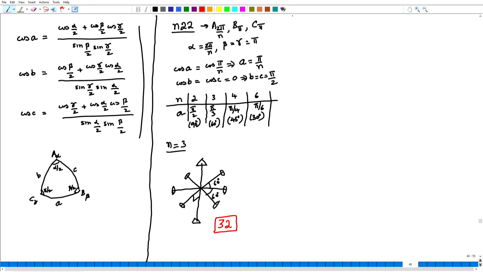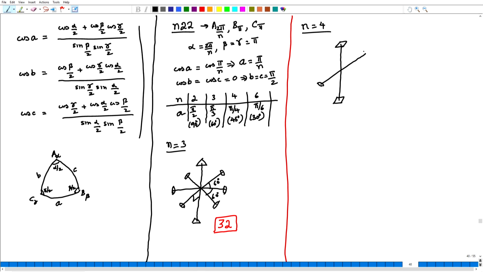Now, consider another value of n. Let us consider n equals 4. So, now I have a four-fold rotation axis around which I will have several two-fold rotation axes. So, let me try to draw this. Again these two-fold rotation axes will be at 90 degrees to the four-fold rotation axis.